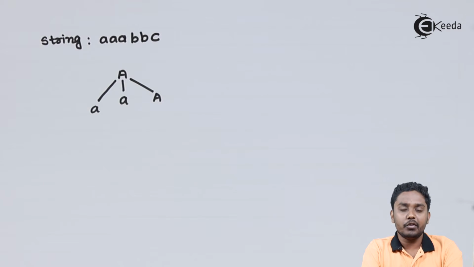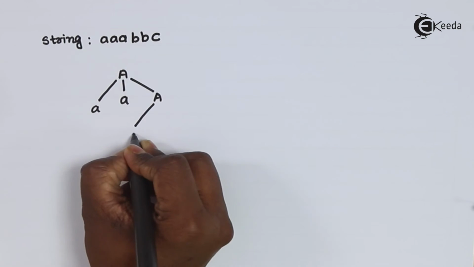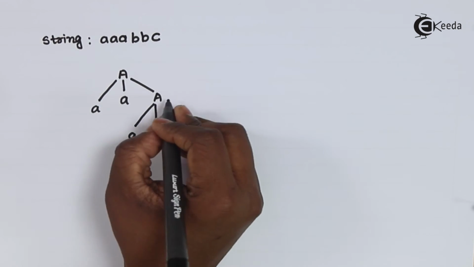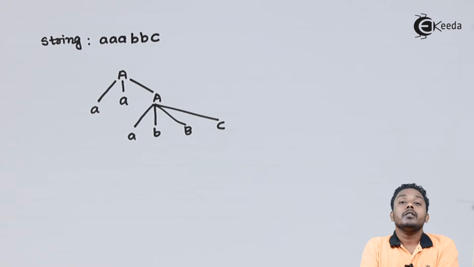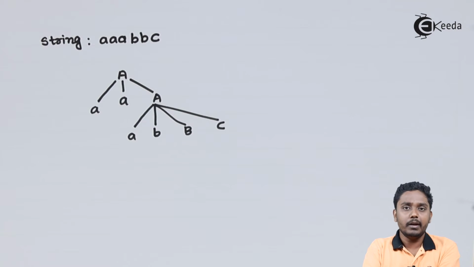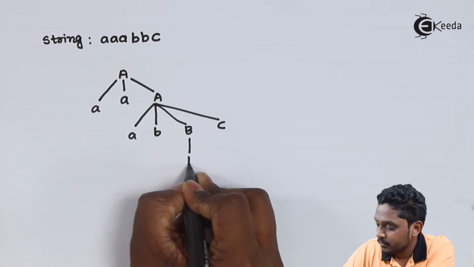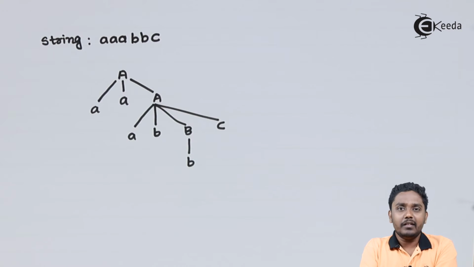That produces AB followed by capital B followed by C. We are left with producing B, so we use the production capital B produces small b to produce the small b. You may see that the yield of this parse tree is the required string.